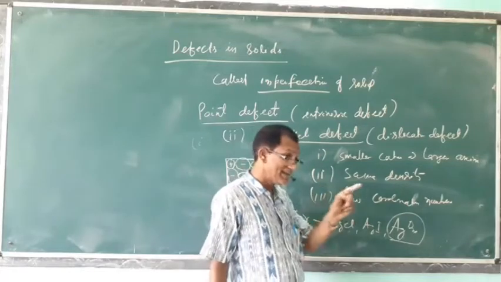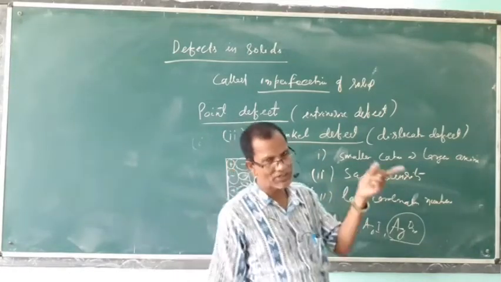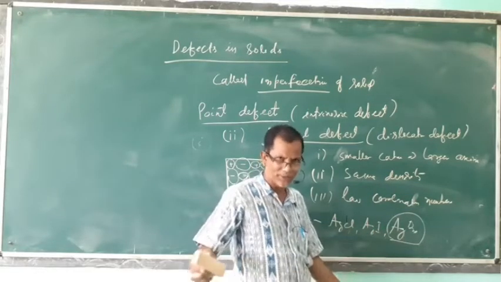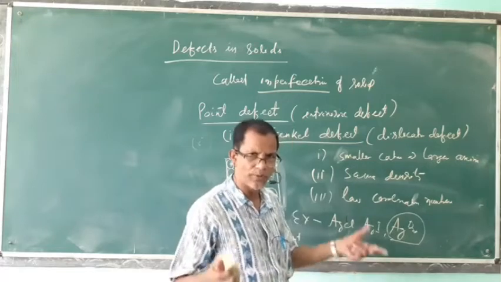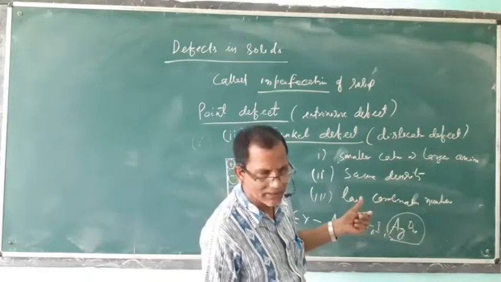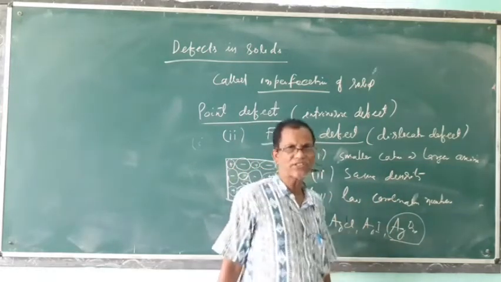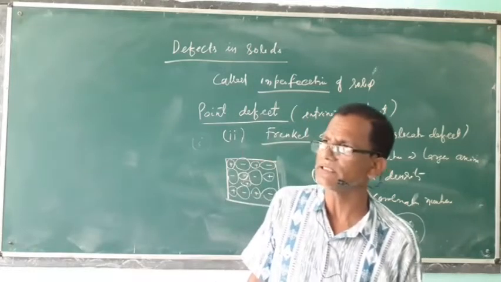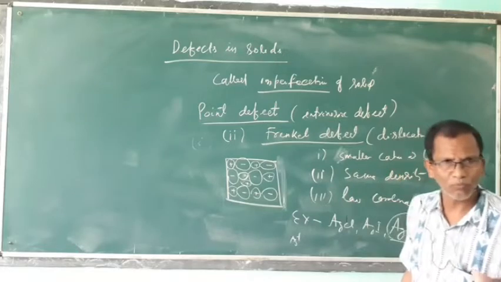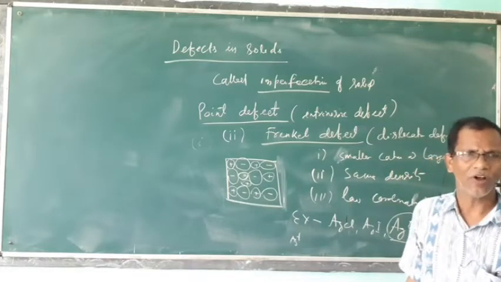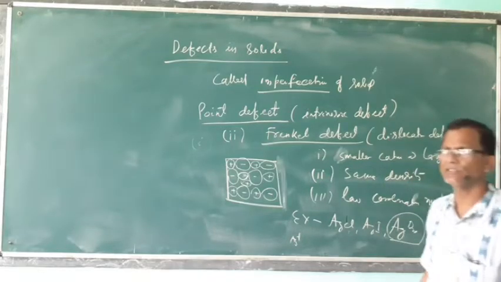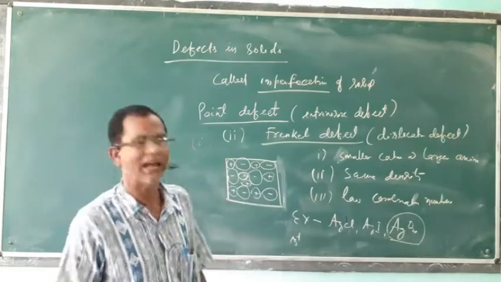If the size remains about the same, that is Schottky defect. If the size difference is more, that is Frenkel defect. But here, Ag plus and Br minus size is just intermediate, neither more nor smaller. That's why this type of crystal shows Schottky defect and Frenkel defect.